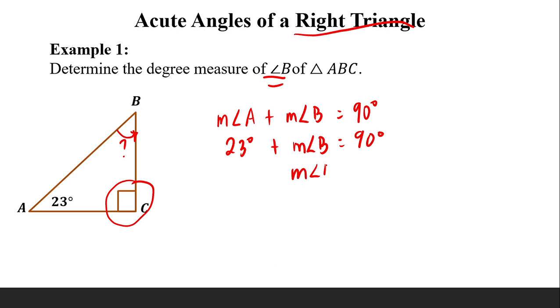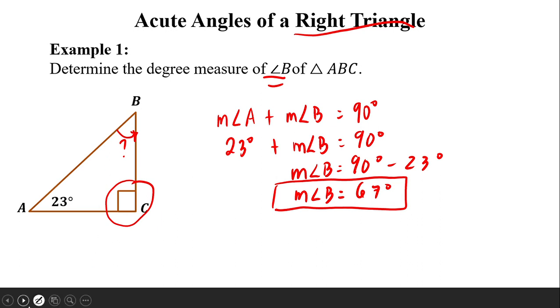Measure of angle B is equal to 90 degrees minus 23 degrees, by the subtraction property of equality. So measure of angle B is 90 minus 23, that is 67 degrees.